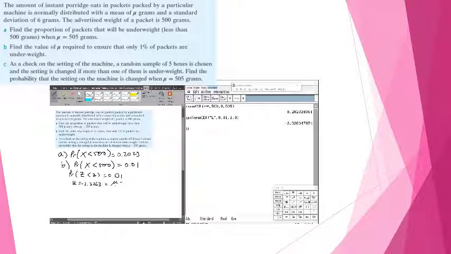Putting that into our conversion, we want z to be 500 minus the mean, over our standard deviation, which is 6. We can then solve for our mean.